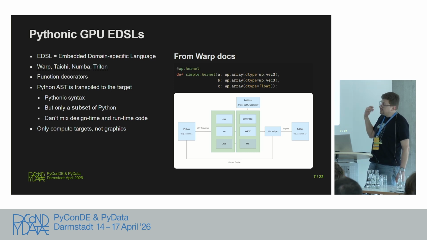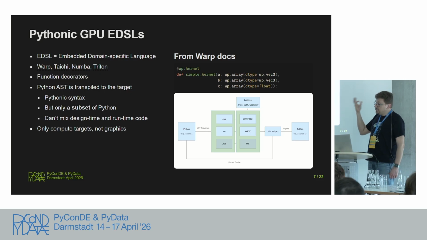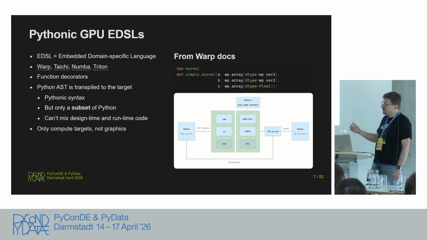And they all share some common architectural decisions. So basically, you decorate your Python function, and then the framework uses introspection to capture the Python's AST and compile it to something else. And the compilation is usually implemented in C++. So it's not a pure Python solution.